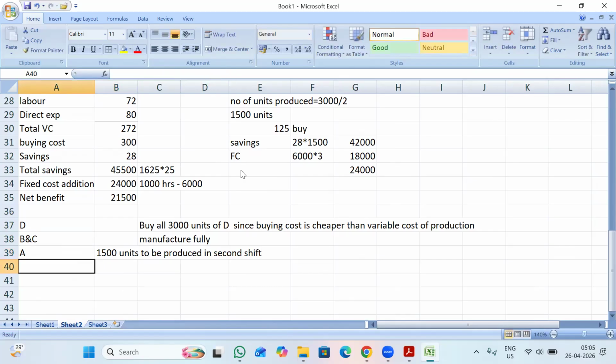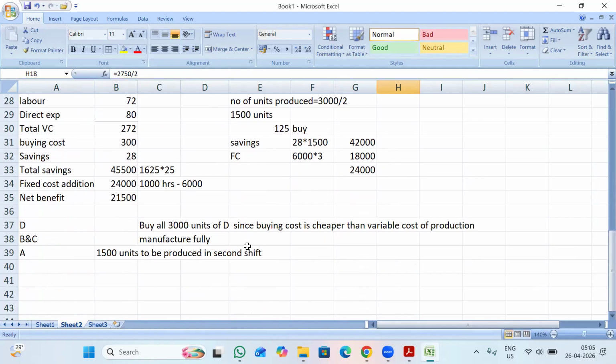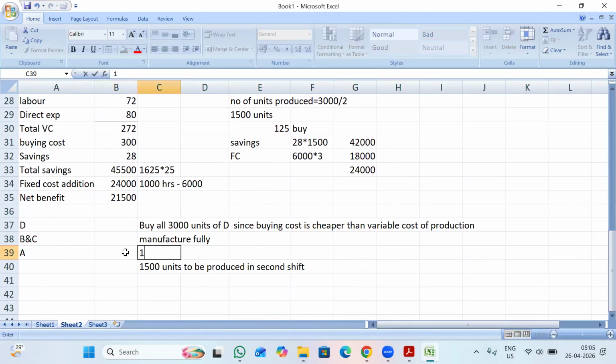That means in the first shift we are producing 1,375 units, to be produced in the normal shift.